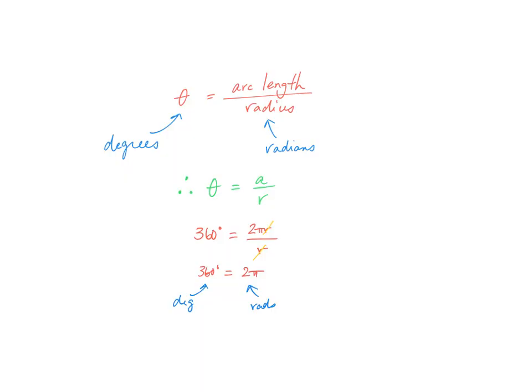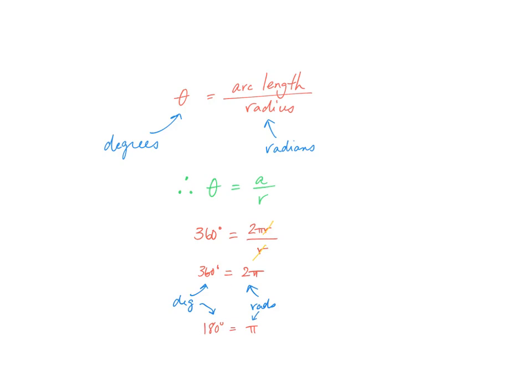Now, for a lot of us, we can even see one more measurement that we know. Because if I was to divide both sides of that by 2 and fully reduce my equation, then I would get 180 degrees equals pi. And so I just found that in degree measure, 180 degrees is equal to pi radians.